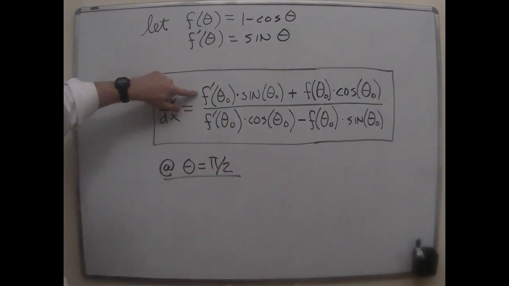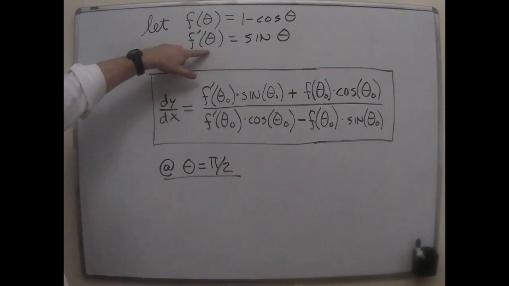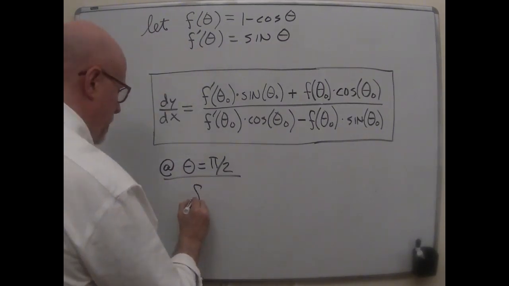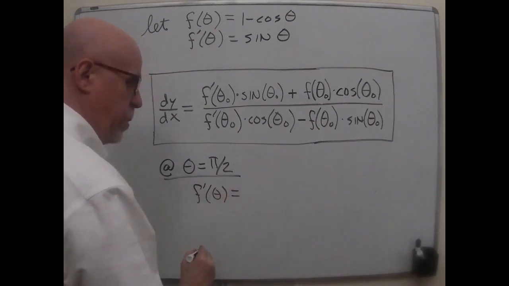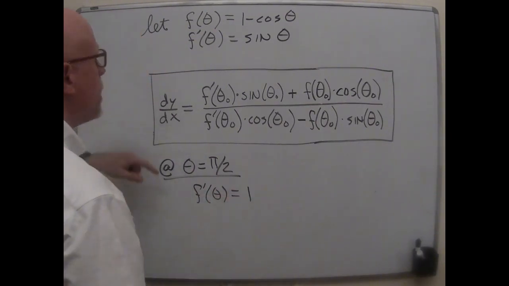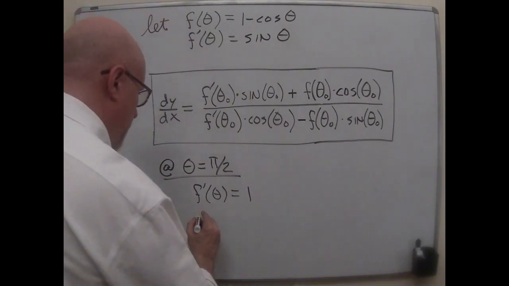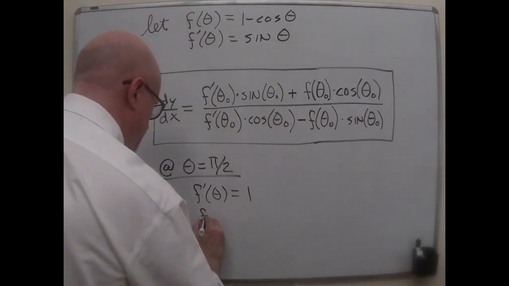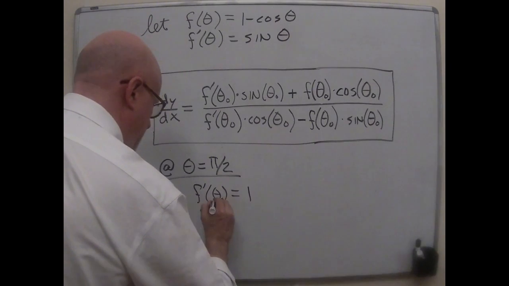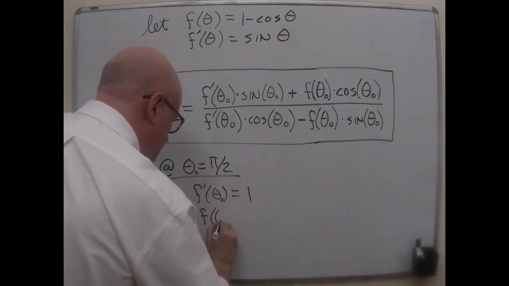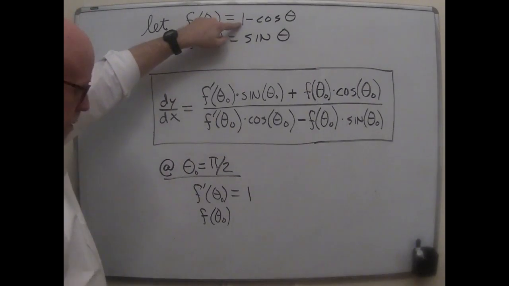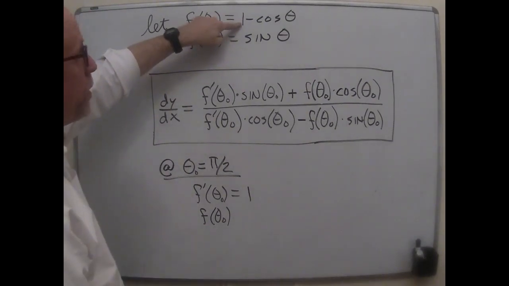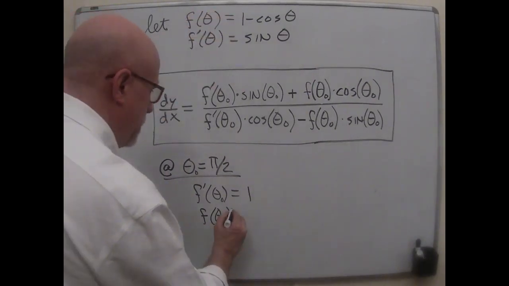The derivative is the sine of pi over 2. So f prime of theta, sine of pi over 2 is 1, isn't it? The original function had pi over 2. I should say theta naught. At pi over 2, the cosine is 0, so 1 minus the cosine, that's 1.